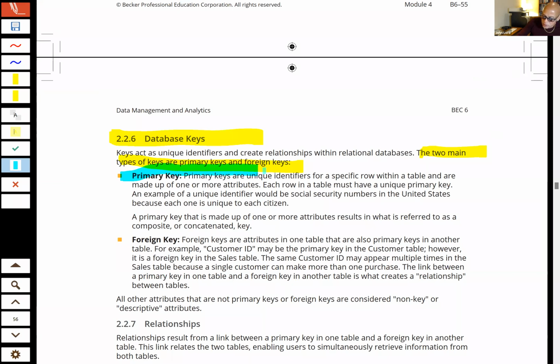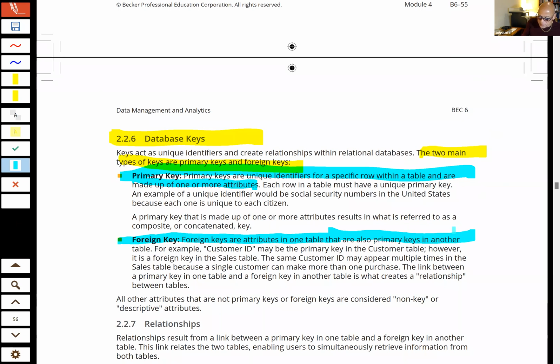Now, primary keys are unique identifiers for a specific row within a table and are made up of one or more attributes. Okay, so for example, maybe we have the name of the individual as a primary key. A foreign key is an attribute in one table that is also a primary key in another table.